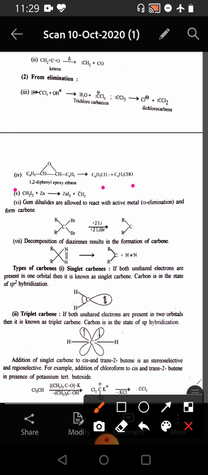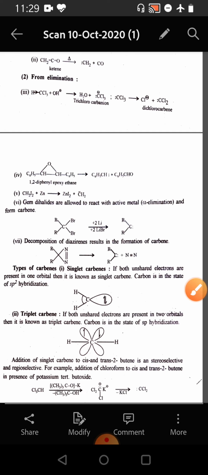Or when methyl iodide reacts with zinc, then zinc iodide is formed and carbene is formed. Sixth method is when gem dihalides react with active metals like lithium, then carbene is formed and lithium bromide is eliminated. If we consider the decomposition of diazirenes, then diazirenes decompose to give carbene and nitrogen.